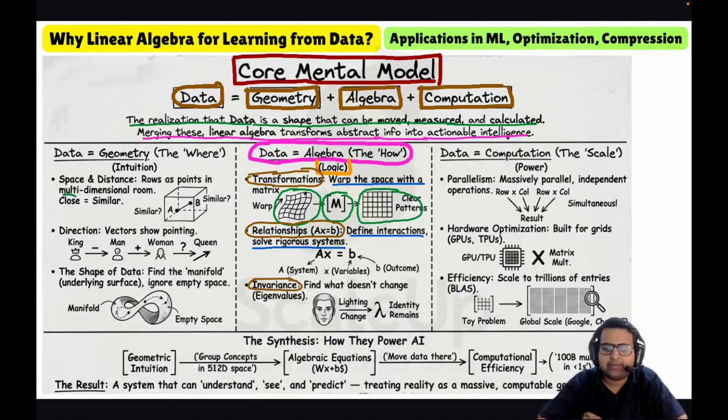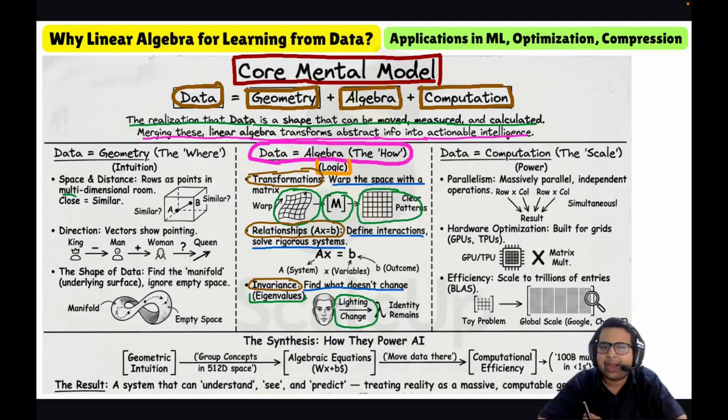Algebra helps us find things that don't change, that are invariant, like the eigenvalues. This is how facial recognition works. It finds the algebraic properties of a face that stay the same even if the person is in different lighting or at a different angle. Let us suppose the person goes to a different lighting condition.